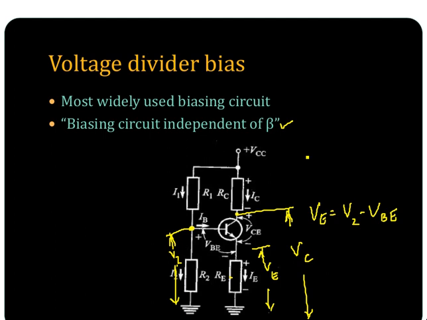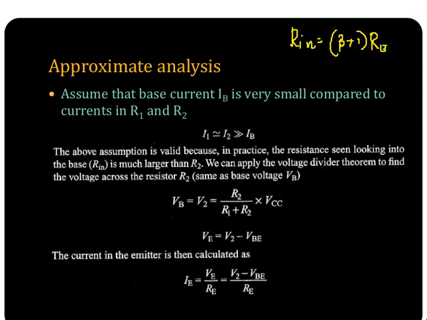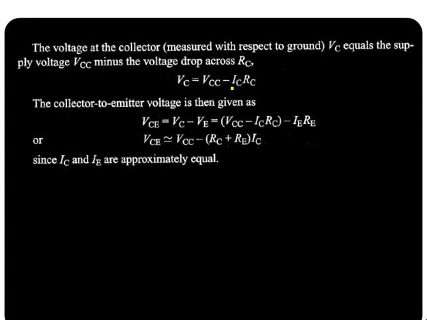So this VC is equal to VCC minus, on the output side, the collector side, VCC minus IC RC. Then what about the collector to emitter voltage, VCE? VCE is VC minus VE, or VCC minus IC RC minus IE RE.